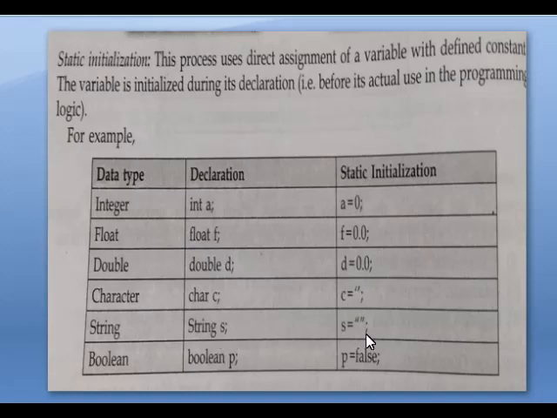Here also an empty string, boolean, true or false value we can store. So this is declaration of the variable inside the program, during its declaration. This is called static initialization.